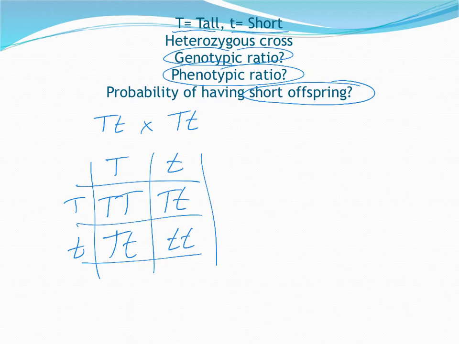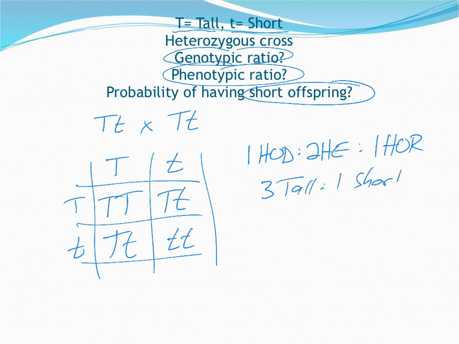So the genotypic ratio would be 1 homozygous dominant to 2 heterozygotes to 1 homozygous recessive. The phenotypic ratio would be 3 tall to 1 short. And the probability of having a short offspring would be 1 out of 4, or 25% could be short.